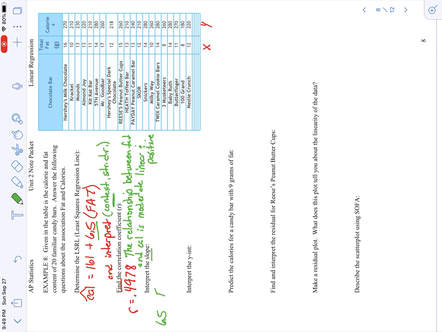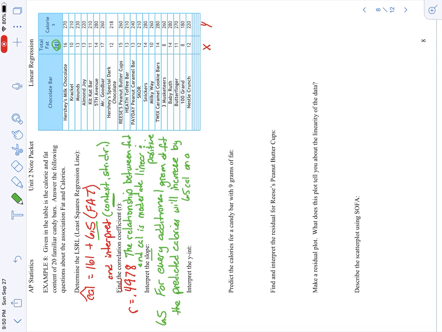So that means for every additional gram of fat, the predicted calories will increase by 6.5 calories, and we're going to put on average.